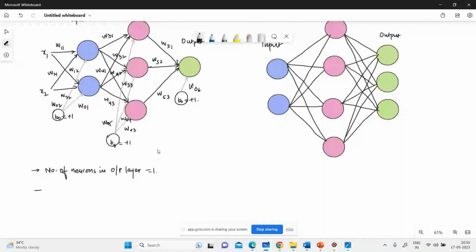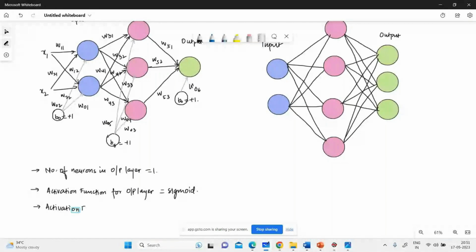Next point to remember is the activation function. The activation function for the output layer will be equal to sigmoid.